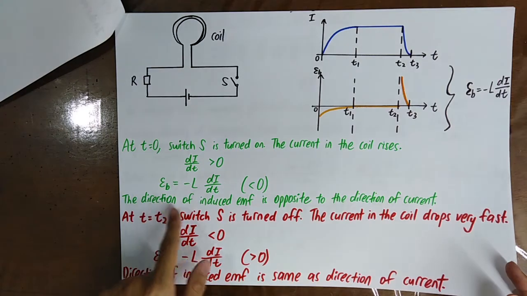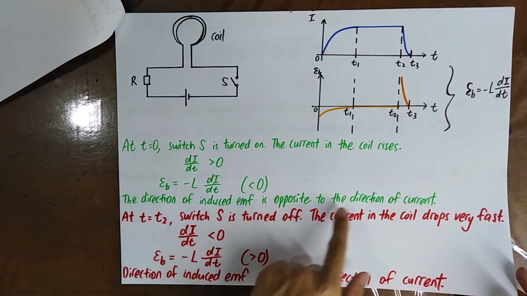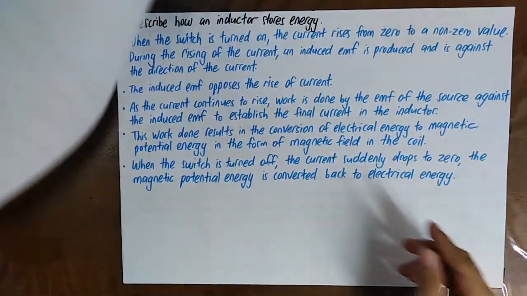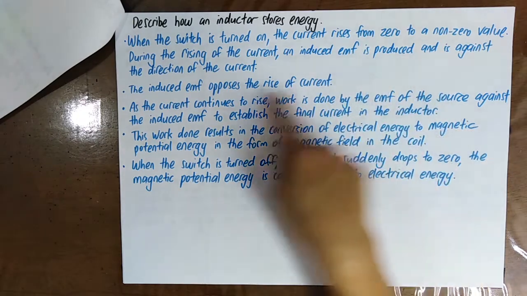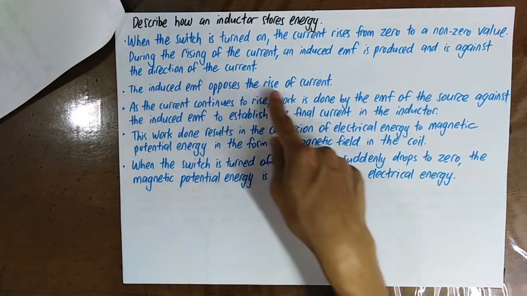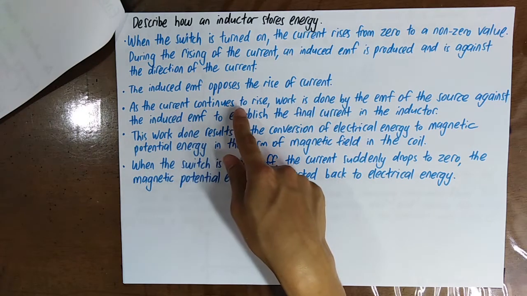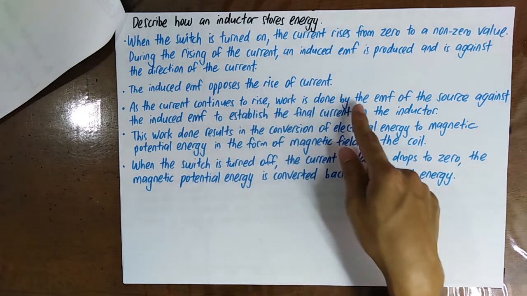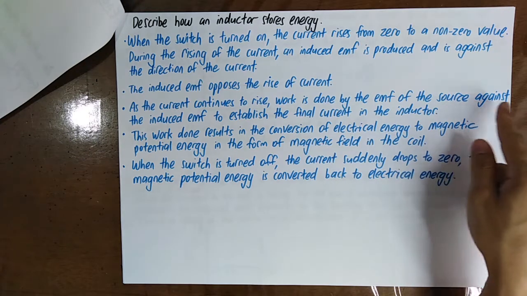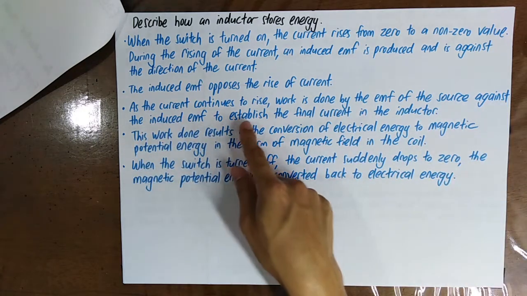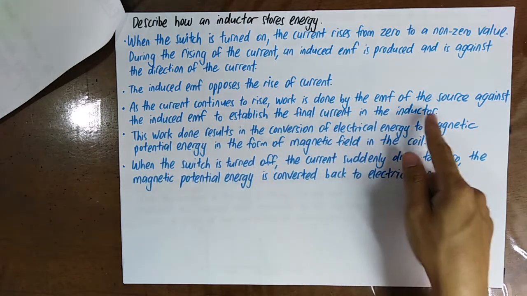So the induced EMF opposes the rise of current, and as the current continues to rise, work is done by the EMF of the source against the induced EMF to establish the final current in the inductor.